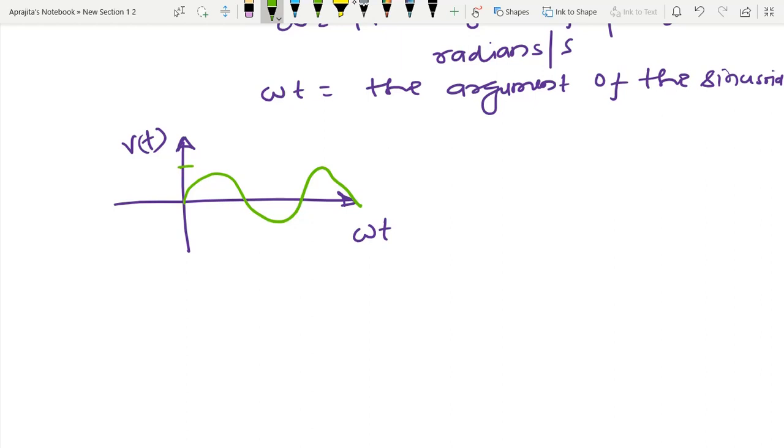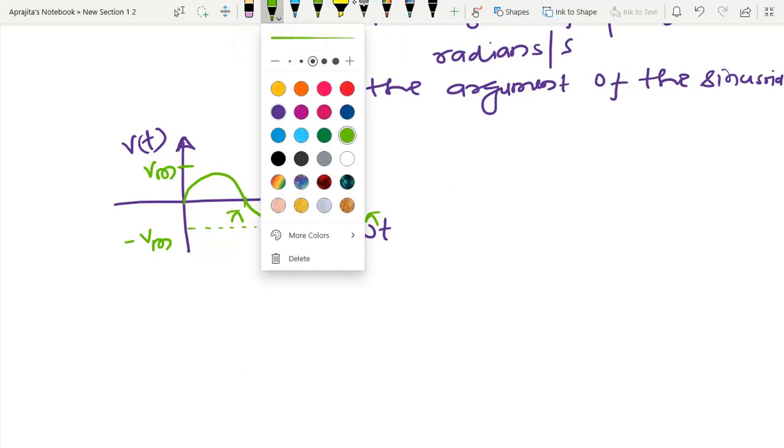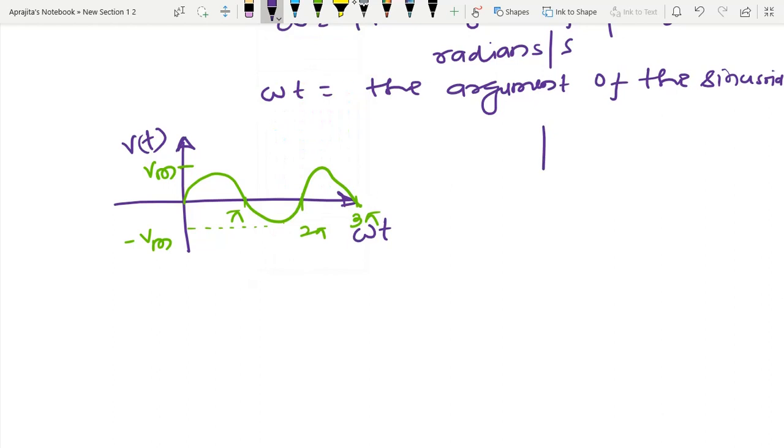So this is Vm and the lower part of this is minus Vm, this is pi and this is 2 pi. Similarly, this is something like 3 pi. One can also redraw the same function like this.